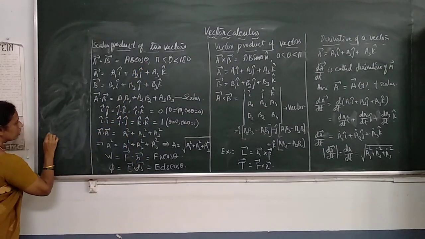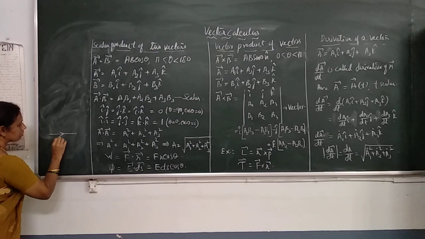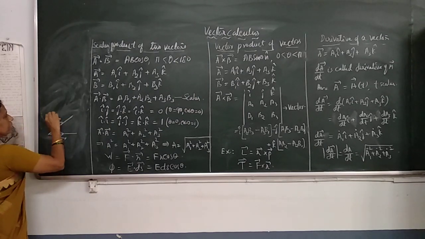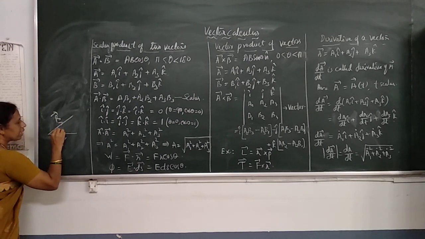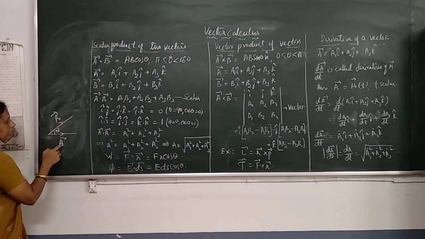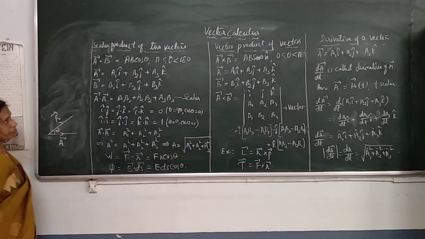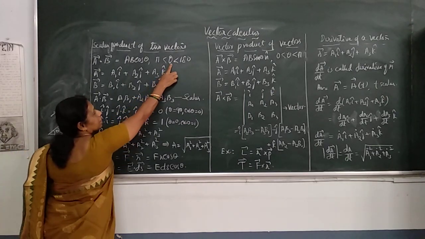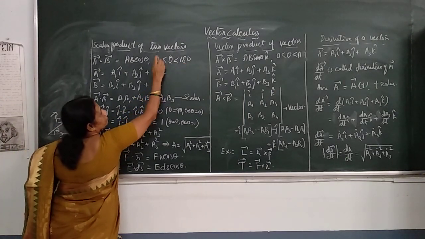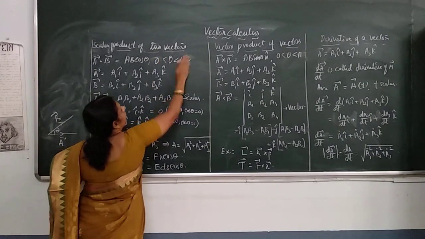Suppose we have two vectors, A vector and B vector, inclined to each other by an angle theta. Then the scalar product of these two is given by AB cos theta, where theta lies between 0 and pi.